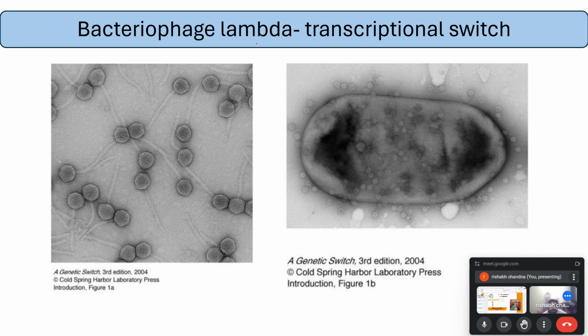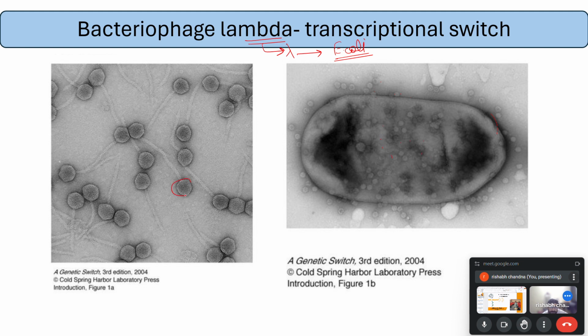So, this particular bacteriophage lambda is a virus. Okay, bacteriophages are viruses that affect E. coli. Okay, so this is the electron microscope image of the bacteriophages. So these are the bacteriophages and this is the bacteria. So these are being produced by the bacteria.